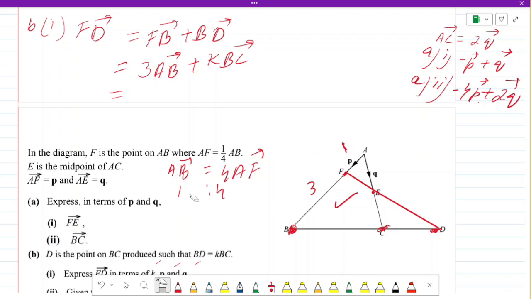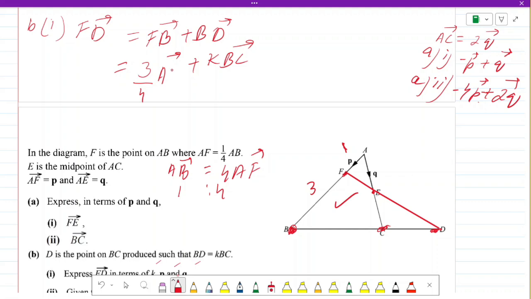Since this is in ratio 1:4, I have to write 3 over 4 times, not 3 times, because that is in ratio. The other mistake is over here: 3 over 4 times AF.